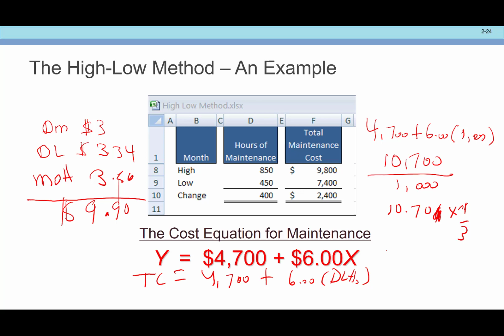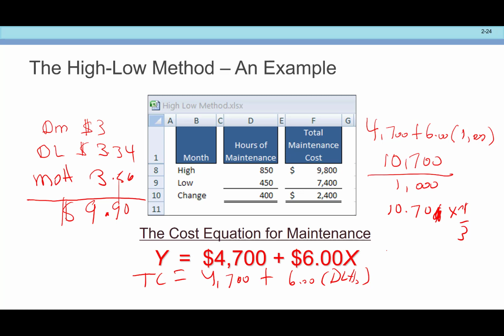Okay, so we go ahead and we assume that there's 1,000 hours that we're going to work next year, right? So we take what? We use our last year's estimate to predict our cost for the next year. We think our fixed costs are $4,700. Our variable costs are $6 per unit.